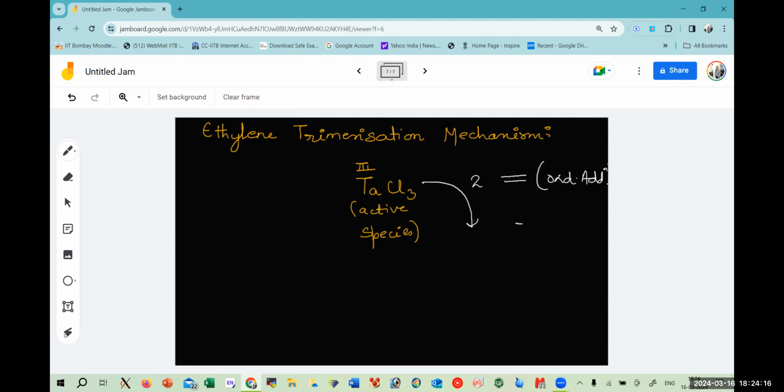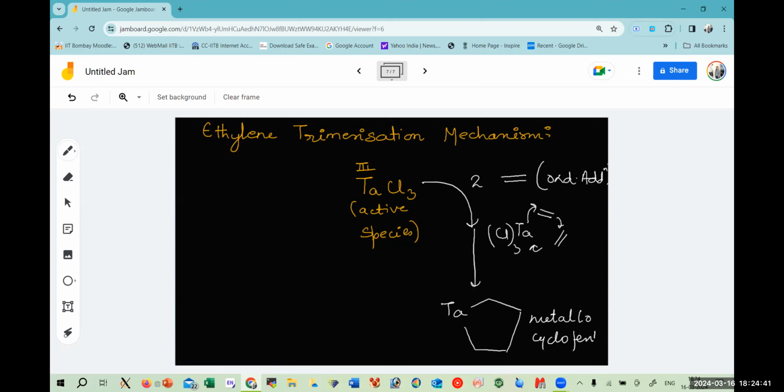If we have tantalum trichloride and there is one alkene, they would form an oxidative addition product this way, and it would ultimately form a metallocyclopentane kind of derivative intermediate.